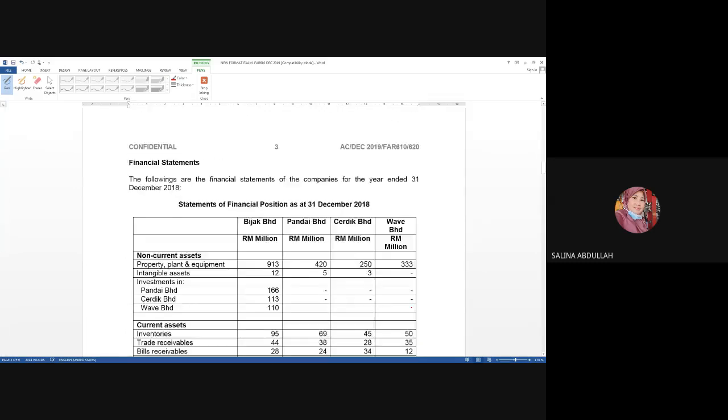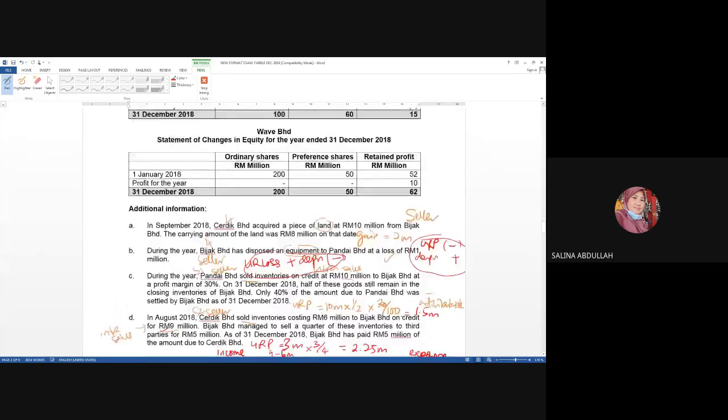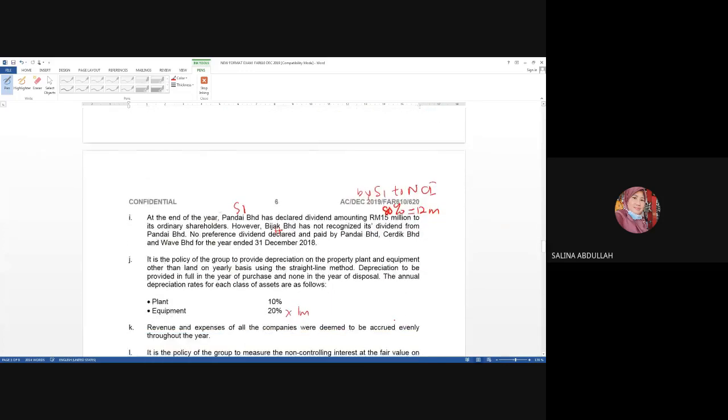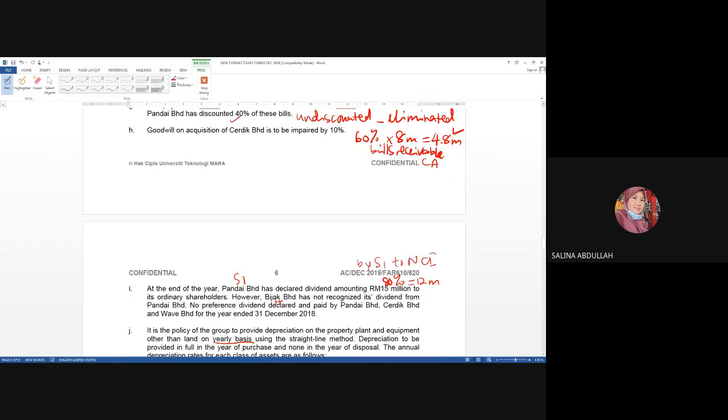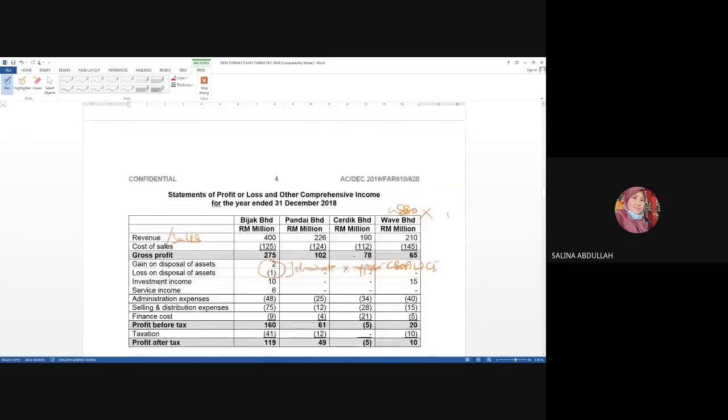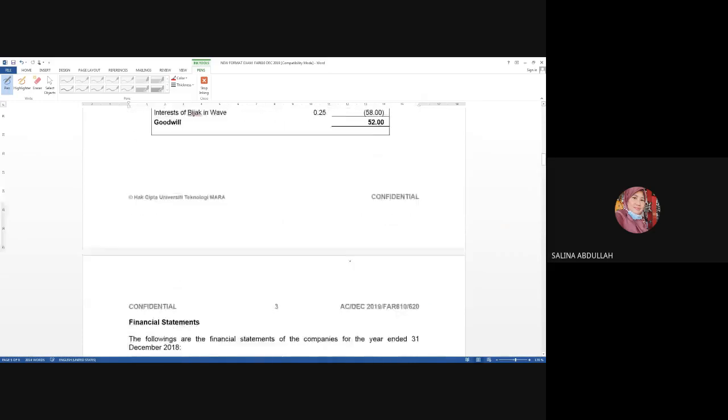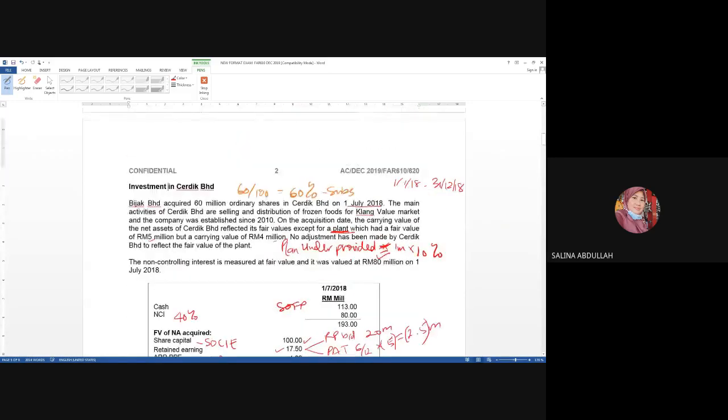You must understand for depreciation, it will be stated either monthly or yearly. So bear in mind, this is yearly basis. Identify yearly basis in this question, meaning we will consider the depreciation as 1 year. You don't calculate 6/12. Even though in this question, the date of acquisition of S2, I would like to highlight, S2 here we have Cerdik.